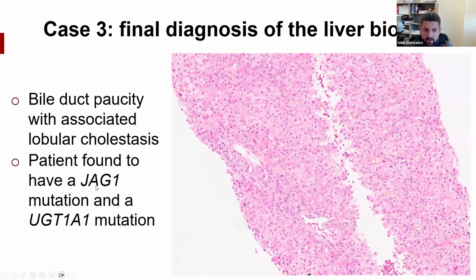The patient was found to have a JAG1 mutation consistent with Alagille syndrome, and also had a mutation in UGT1A1, which we associate with Crigler-Najjar syndrome, which is interesting. Could it be possible that some of the cholestasis is due to this Crigler-Najjar mutation when you have the two diseases simultaneously?